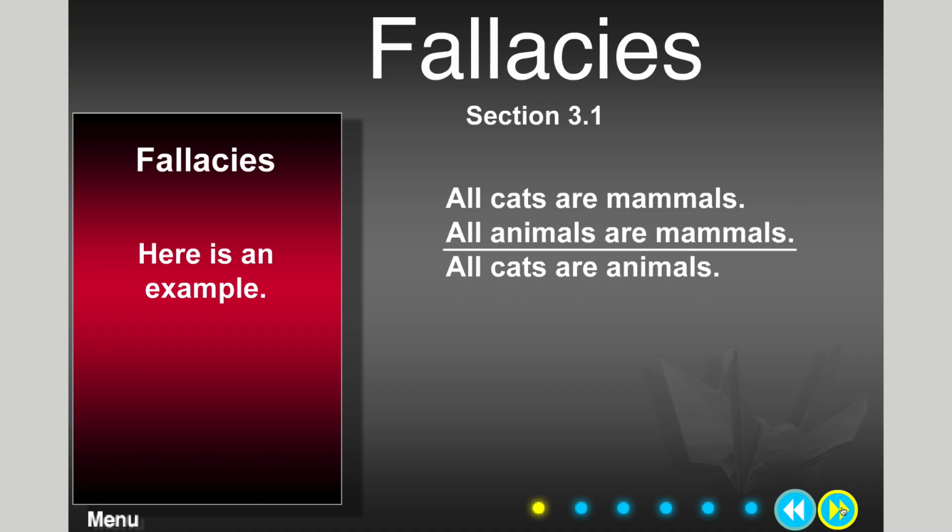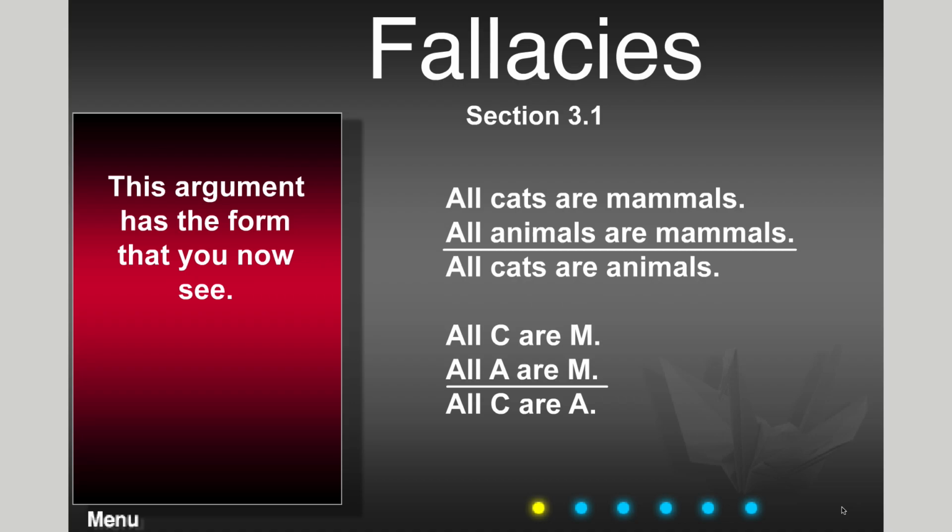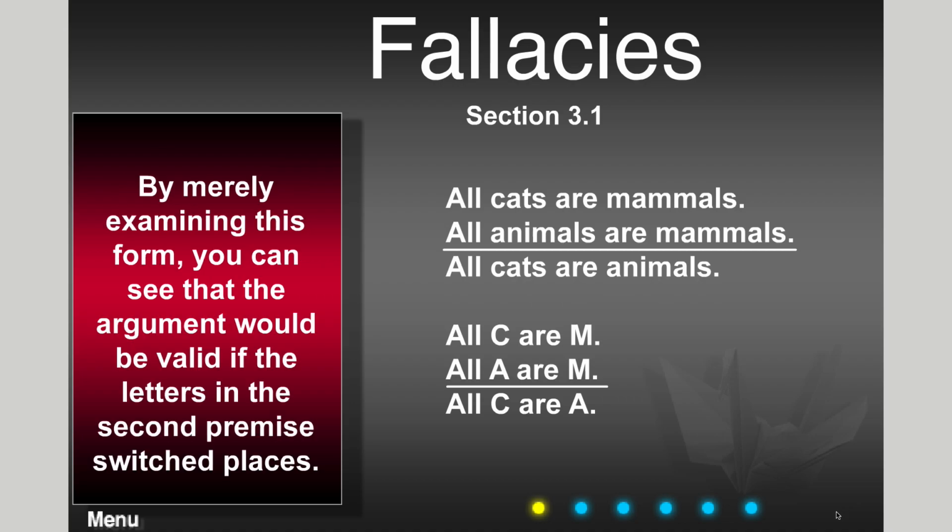So you don't even have to ask if all cats are animals or all animals are mammals and so on. It's an invalid argument form, as is formalized right there. By merely examining this form, you can see that the argument would be valid if the letters in the second premise switched places.